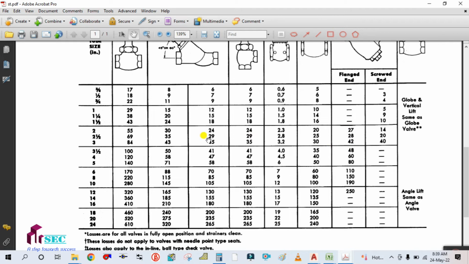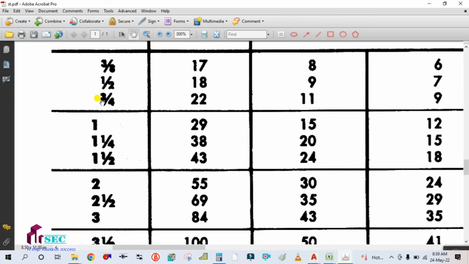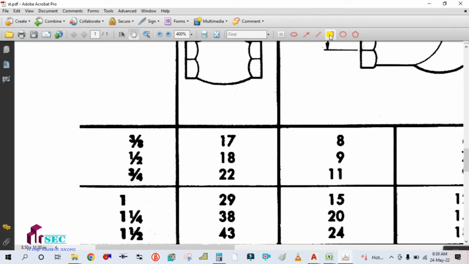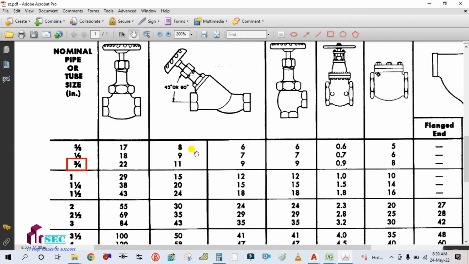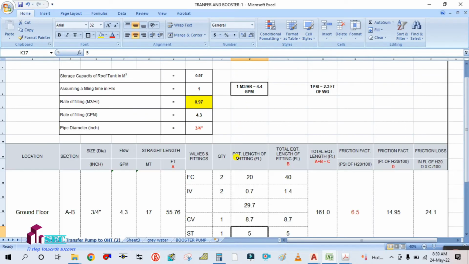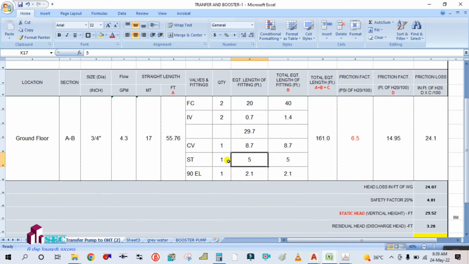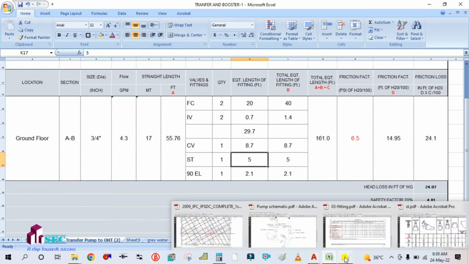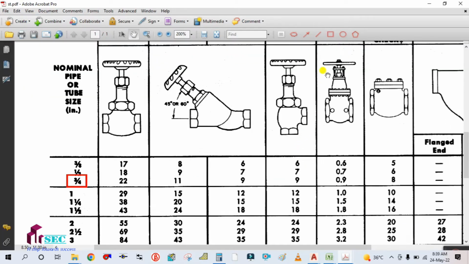Simply delete this. First of all, you have to mark the pipe size. Our pipe size is 3/4 inch, and then we need to find the fitting length for the isolation valve, that means the gate valve. This is your gate valve, so we look in this column.